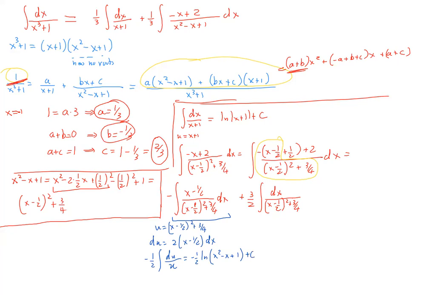For the second part, you can do a substitution u is equal to x minus 1/2, and pretty much use the fact that in general, the integral of du over u squared plus a squared is equal to 1 over a arctan of u over a plus c.